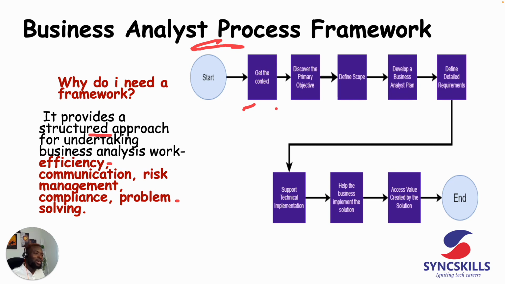Once you have a good understanding of the context, your next step is to discover the primary objective. What is the objective of what we're trying to achieve?